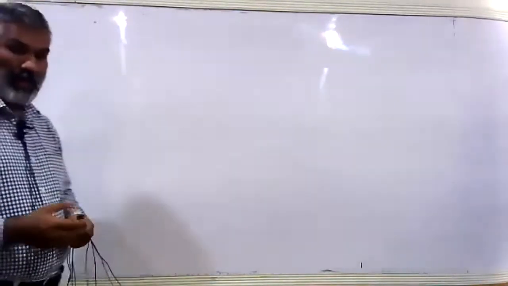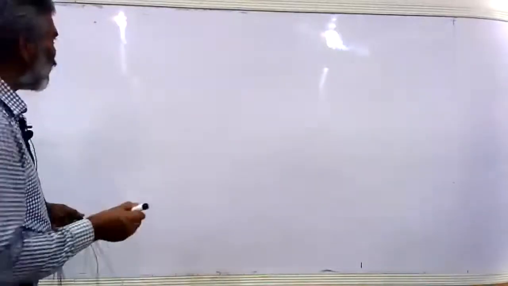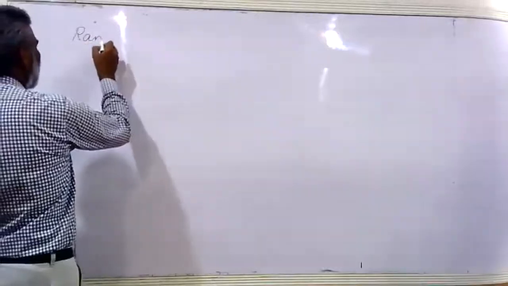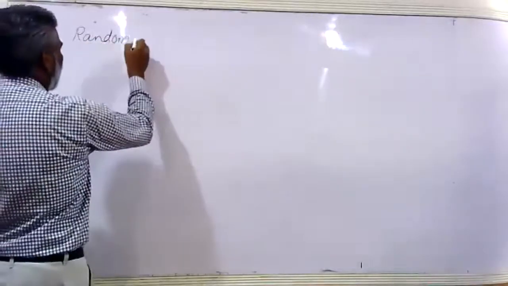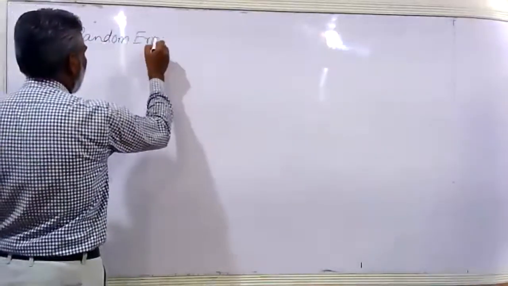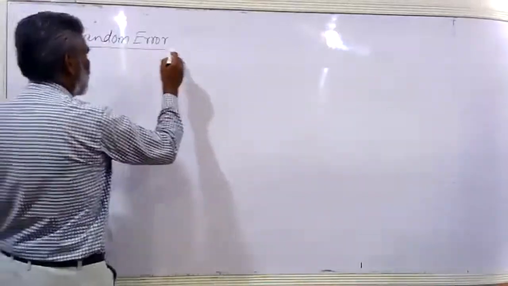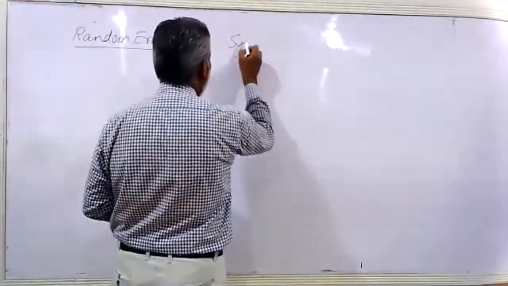There are at least two different types of errors which we come across, and those are the two errors about which we have questions in the exam. One of them is a random error, and the other is systematic error.